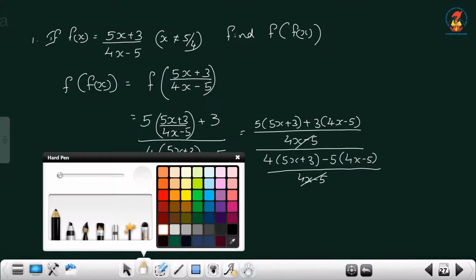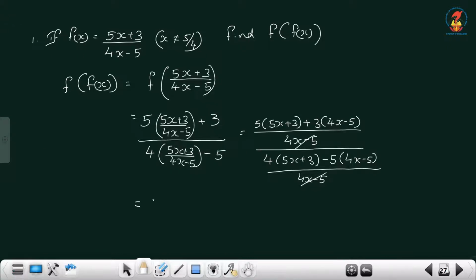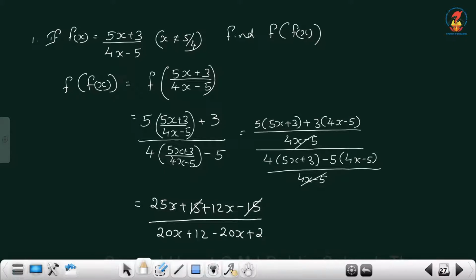Now open the bracket and simplify. So 25x plus 15 plus 12x minus 15. 15 cancelled. Then 20x plus 12 minus 20x plus 25. 20x cancel. So we have 37x by 37. So that's equal to x.